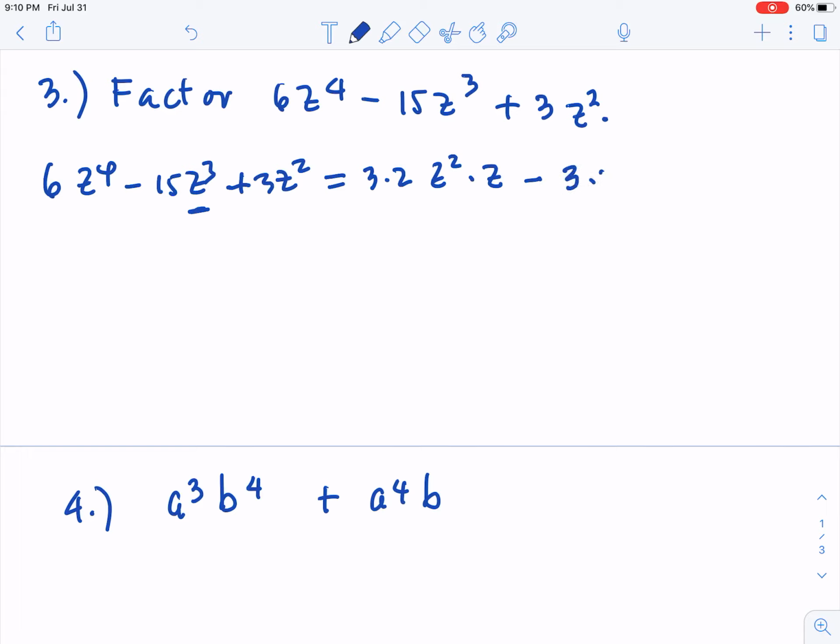So, dapat 3 times 5. This is 6z to the 4th tapos minus 3 times 5.